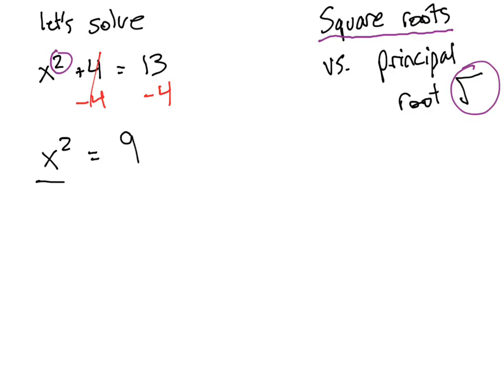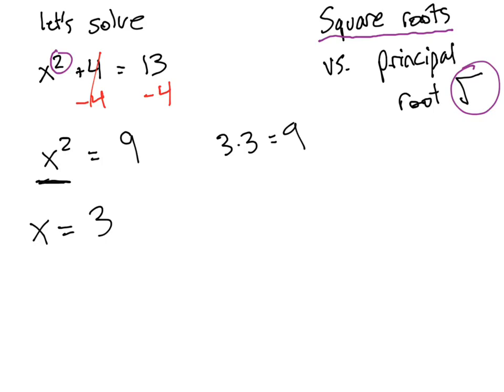So this equation means a number times itself is equal to 9. So we've got to figure out what number that is. Well, we know that 3 times 3 is equal to 9, so that gives us the answer x is equal to 3. If x times x is 9, then x is 3.